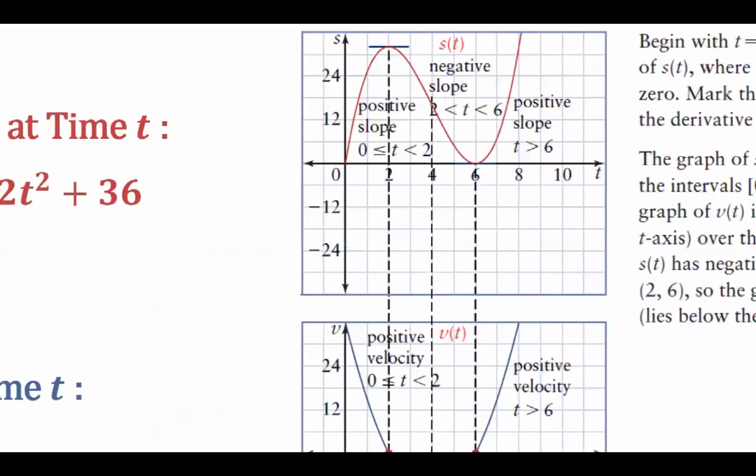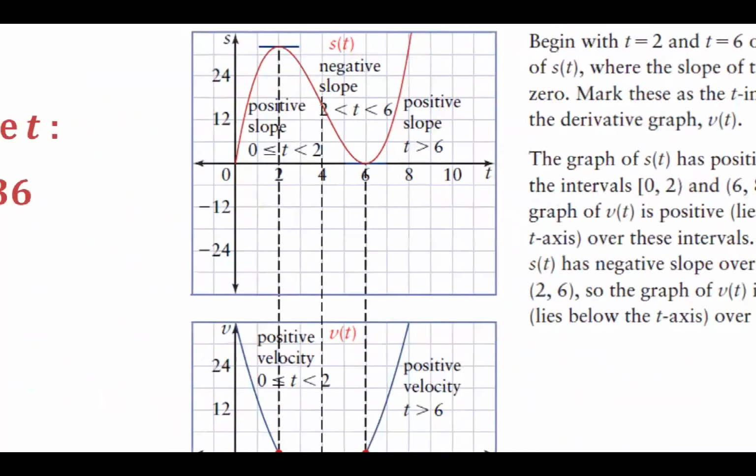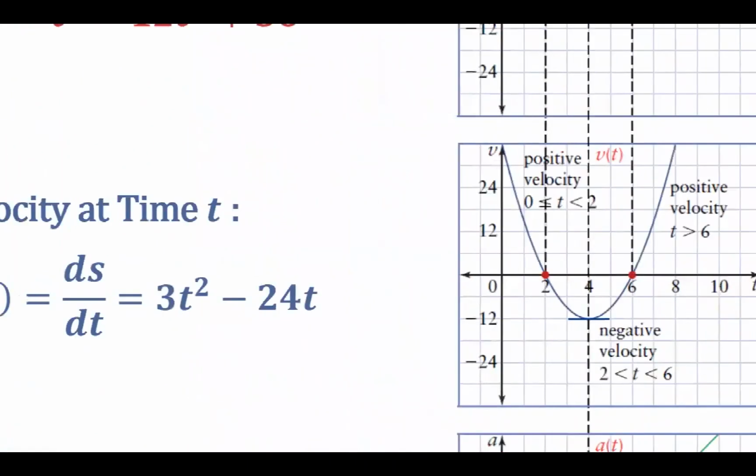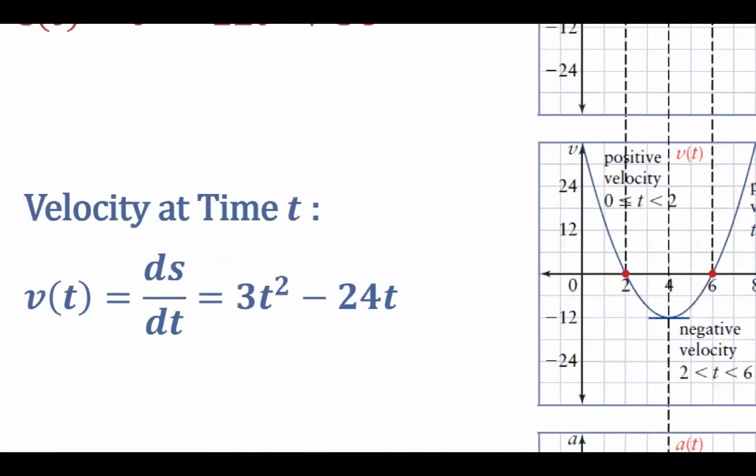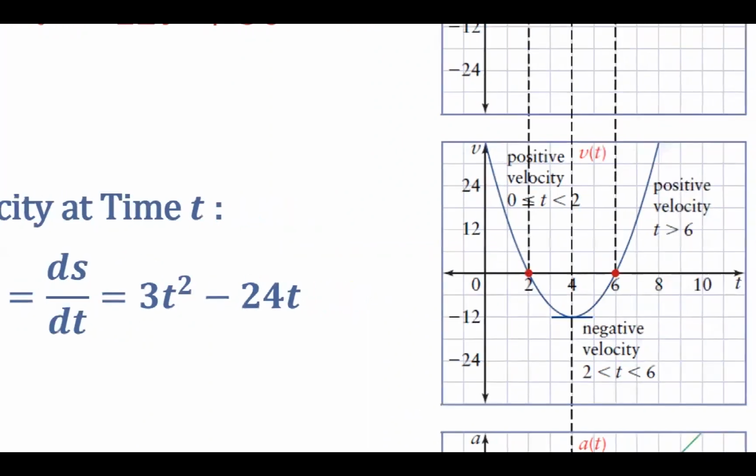First, this is the original graph, which is s(t) with respect to t, right? Then the velocity with respect to t has the expression like this. This is actually a quadratic function, right? We know a quadratic function is either opening up or down.